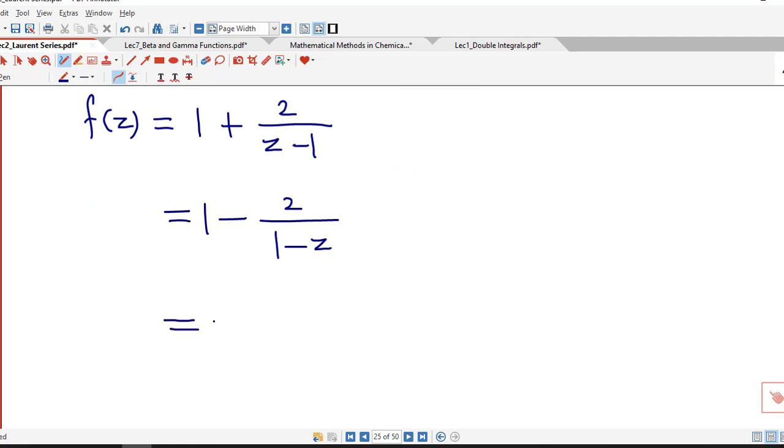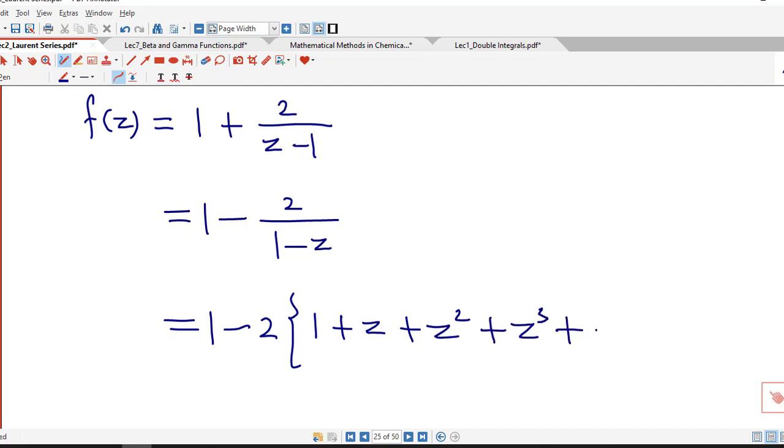Now if our function is analytic in the open disk mod z less than 1, we can use the standard Maclaurin series expansion, which is 1 plus z square plus z cube and so on, and this is valid in the open disk mod z less than 1.